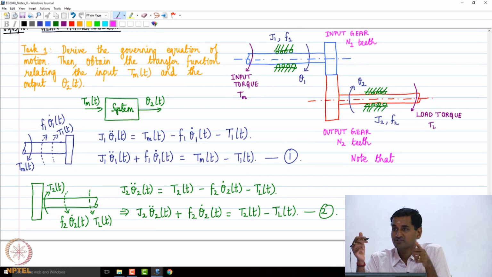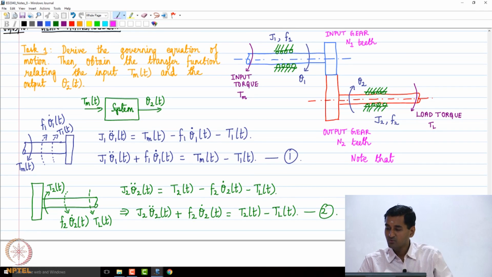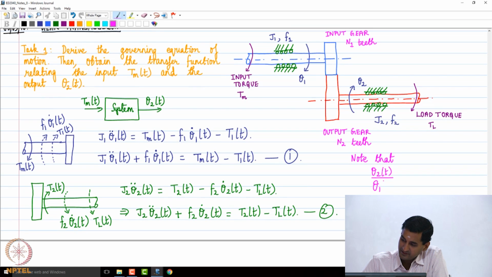So you figure it out as to how we can get it, okay? So immediately one can note that essentially theta 2(t) divided by theta 1(t) is going to be equal to N1 by N2, okay? So that's what we are going to have.